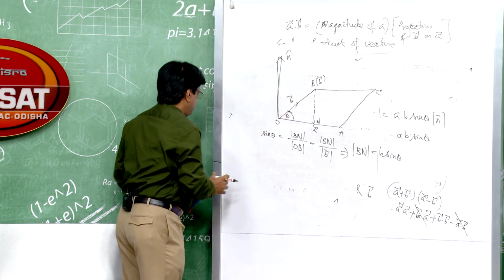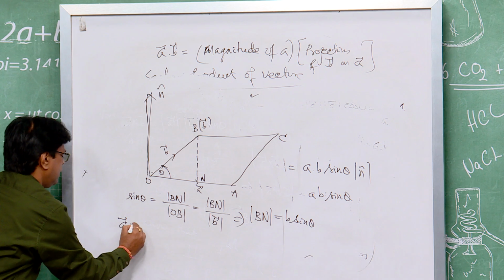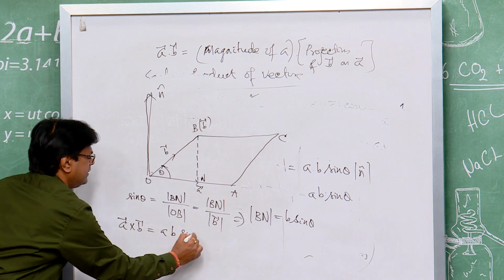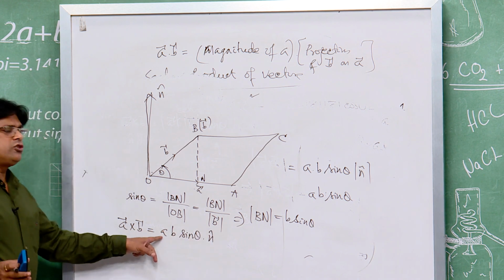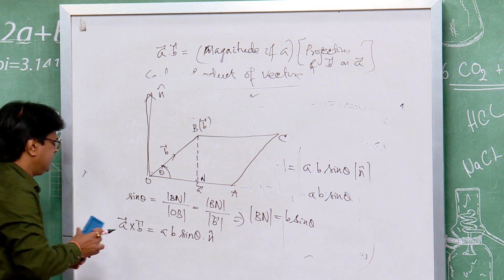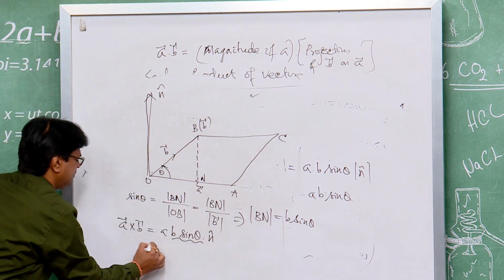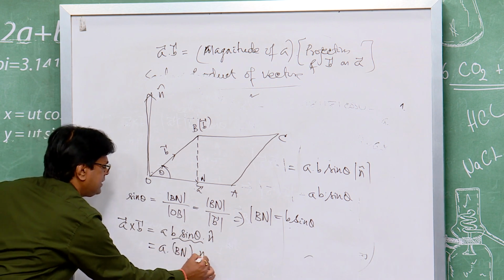So, A cross B, already we have stated, is AB sin theta into n cap. This AB means the magnitude of A vector and magnitude of B vector. So, B sin theta is nothing but your BN. So, A into BN into n cap.